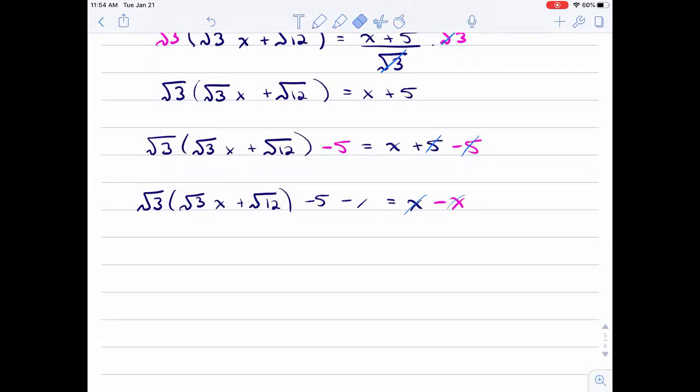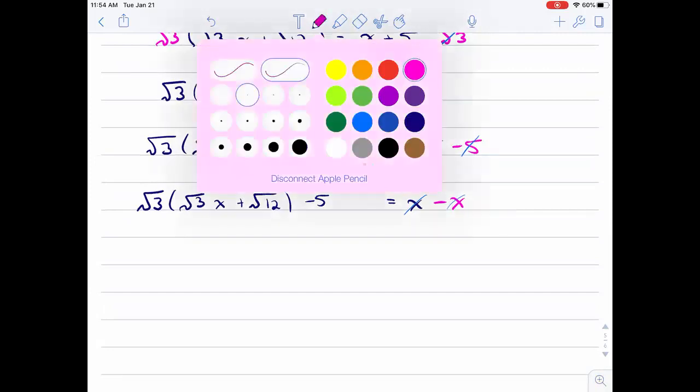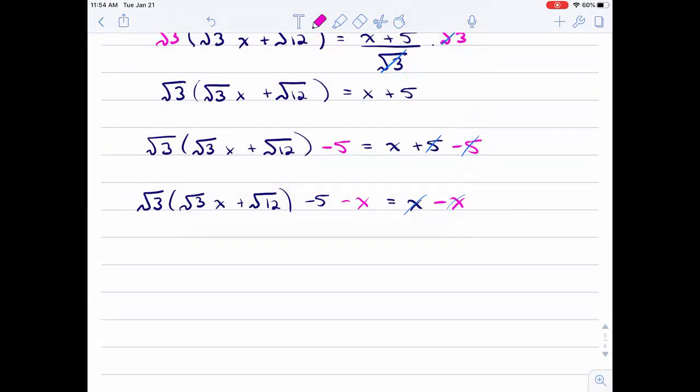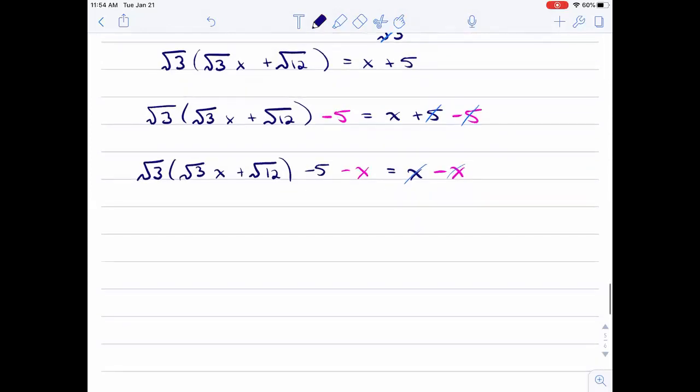Oh, this is supposed to be pink here. So now I can rewrite this as the root of 3 times the root of 3x plus the root of 12, then minus 5 minus x is equal to 0. Right? All right.